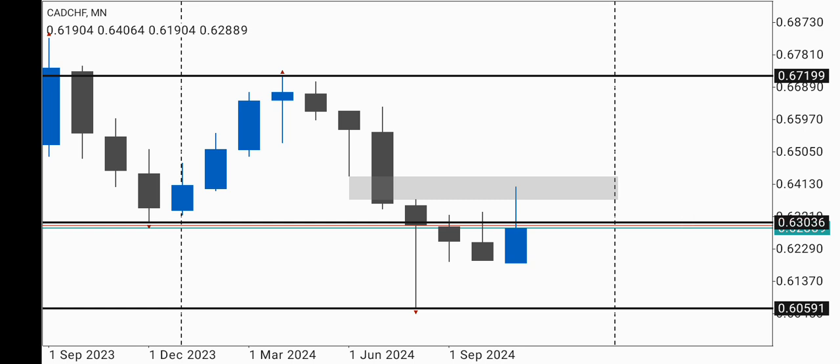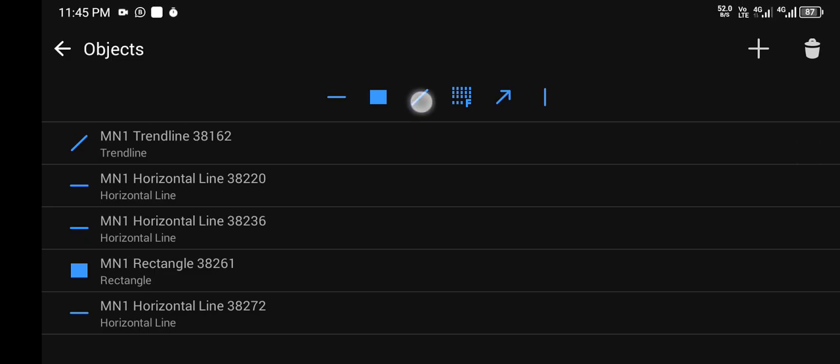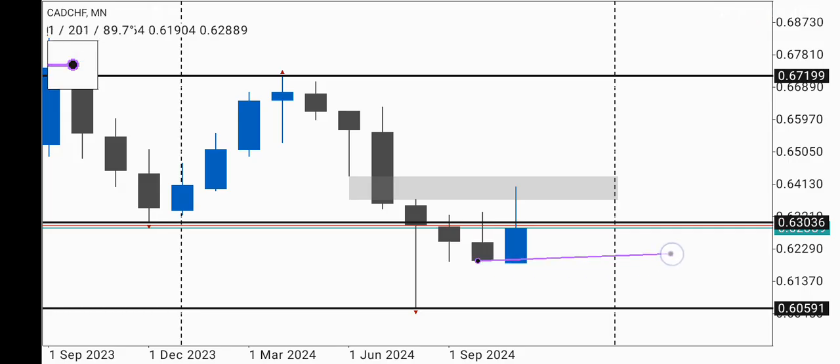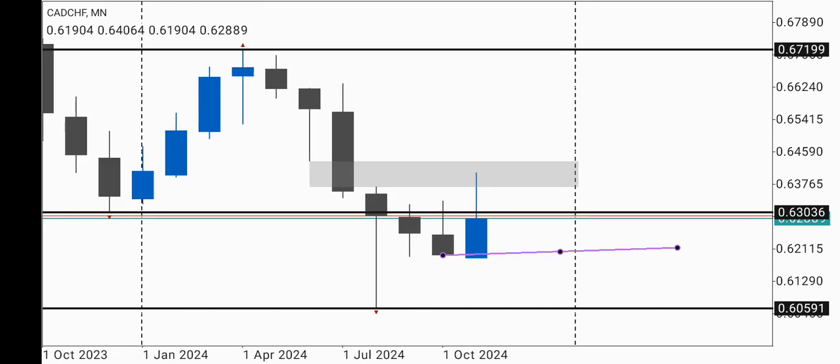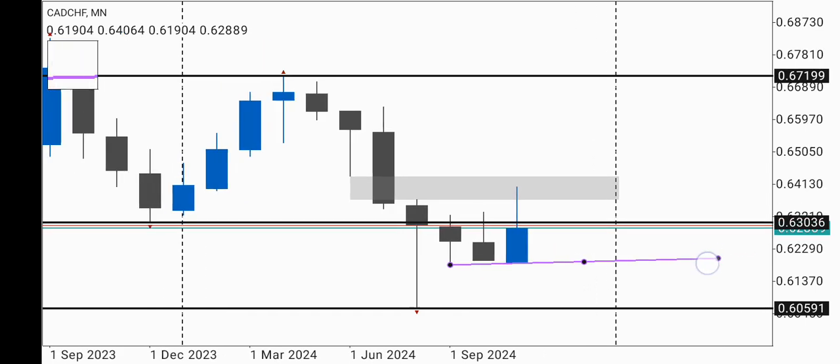So looking at it, the price is actually still bearish. There's no two words about it, and we still have some sell side liquidity to be grabbed.